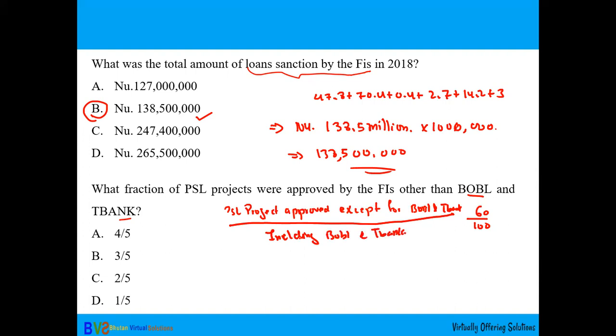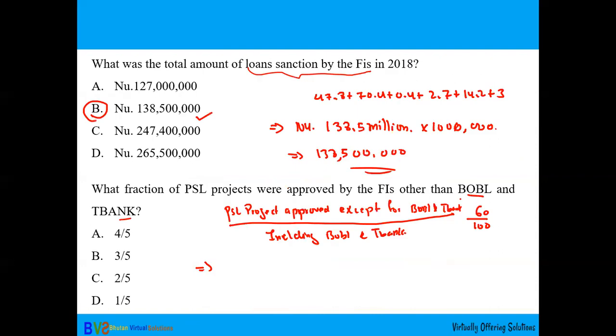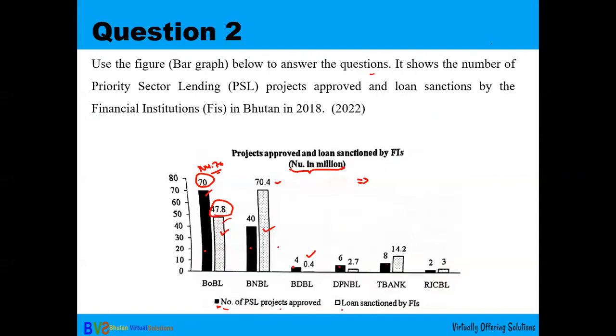All right. So I need to find the PSL projects approved except for BOBL and TBank. The PSL project is represented by black right now. But the question is asking us to exclude BOBL and TBank in the numerator. So BOBL and TBank, we are excluding these two.